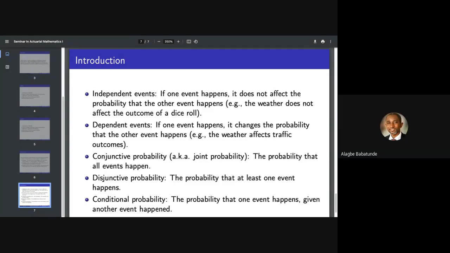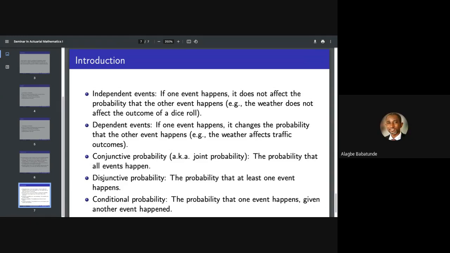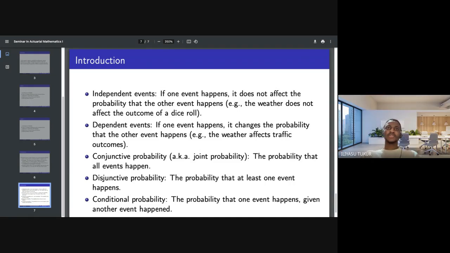Since the number of red balls and white balls are not the same, there's a way that the chances of picking one white or one red ball will affect the chances of the other one. I don't know if that is an example.